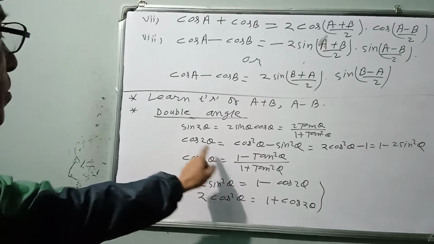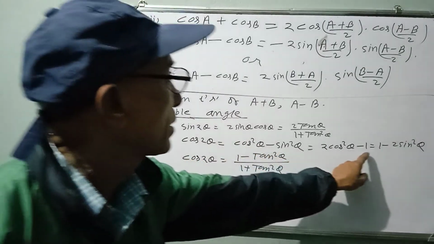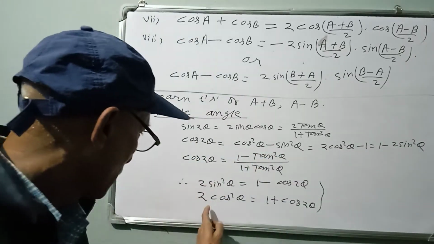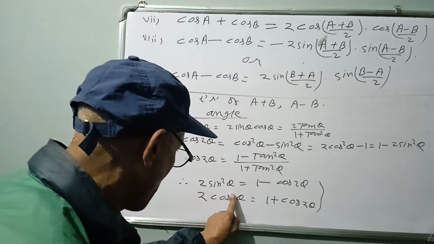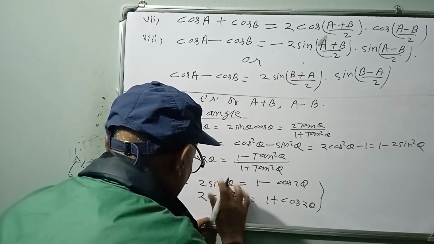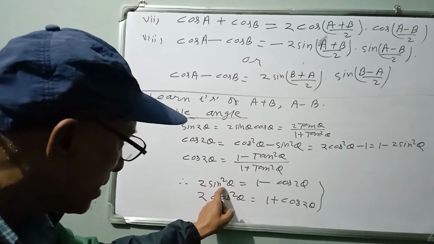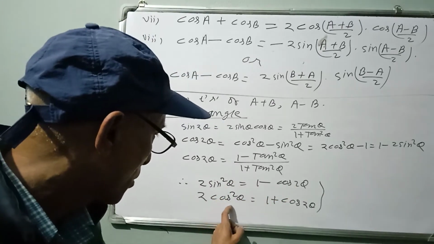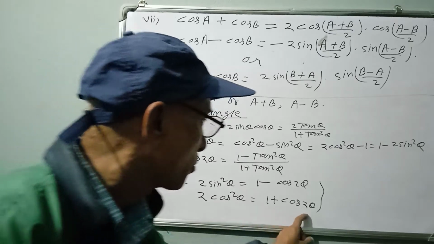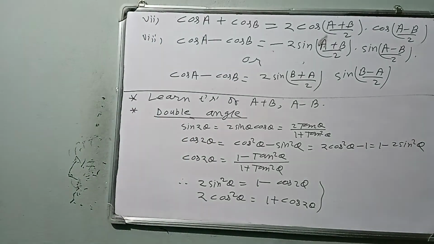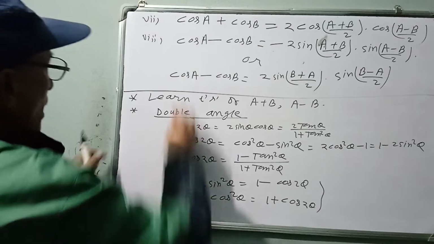I have derived the formula: cos 2 theta is 2 cos square theta minus 1, so 2 cos square theta equals 1 plus cos 2 theta, and 2 sin square theta equals 1 minus cos 2 theta. Remember. In the same way, tan 2 theta.